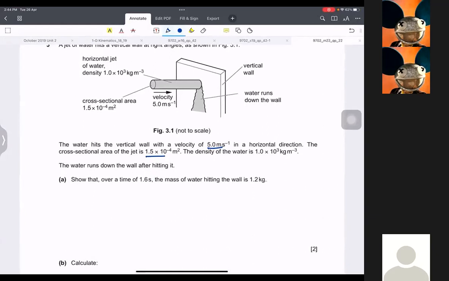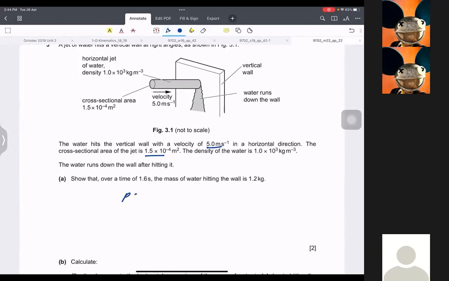Density is mass over volume, right? Now we want to find mass, and the density is already given, so we want to find volume. Volume is area times length, and length is velocity times time. So let's plug it in.